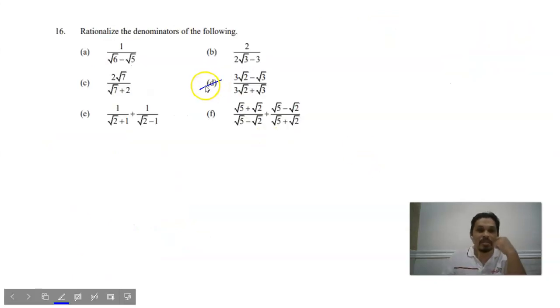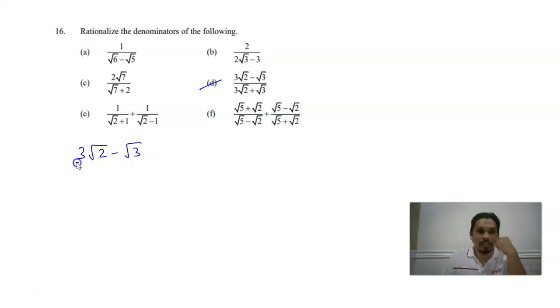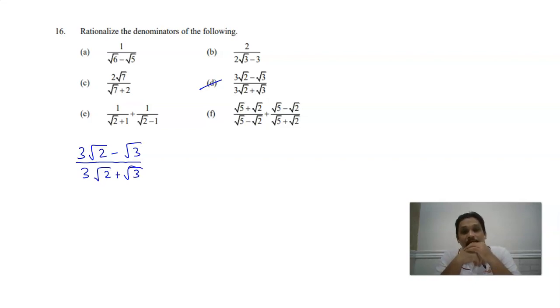Okay, so I chose question 16D: 3 square root of 2 minus square root of 3, divided by 3 square root of 2 plus square root of 3. Okay, class. Between this subtopic of surds, square roots, and also complex numbers of the form a plus bi, for both of these we are going to simplify.